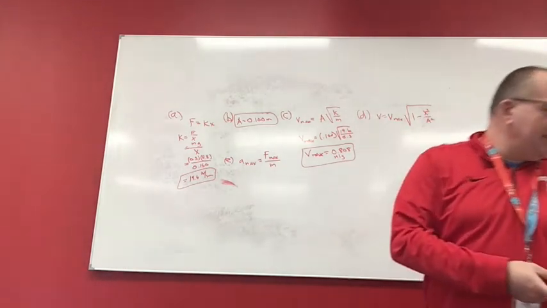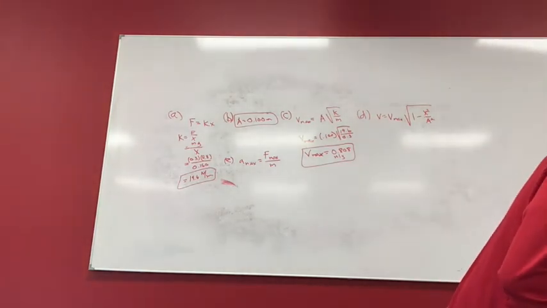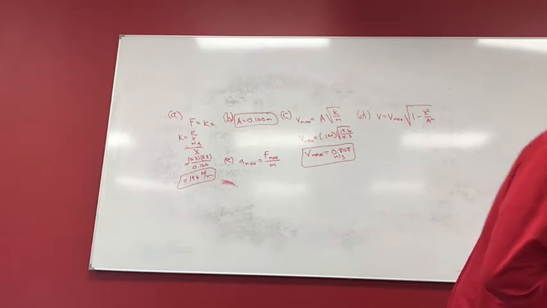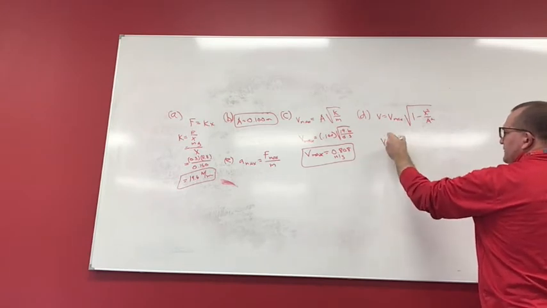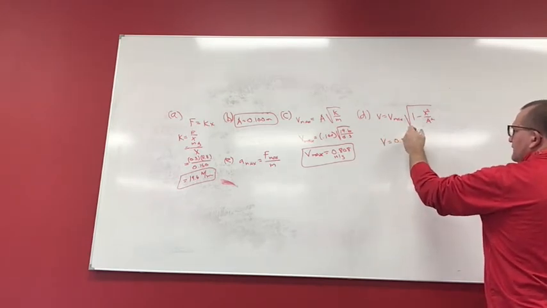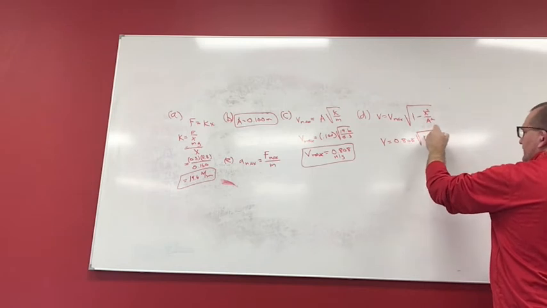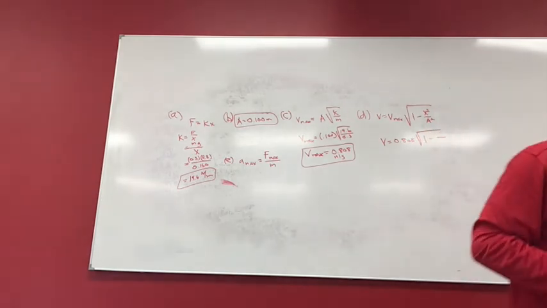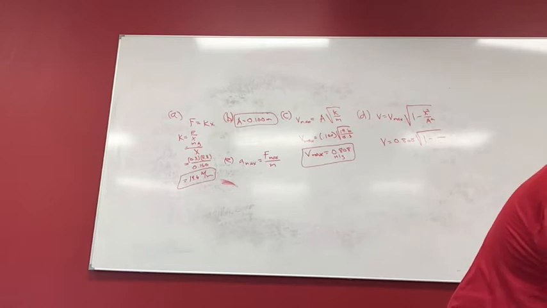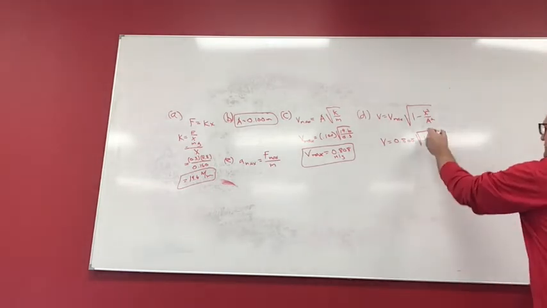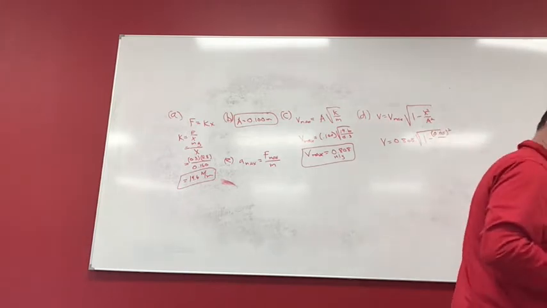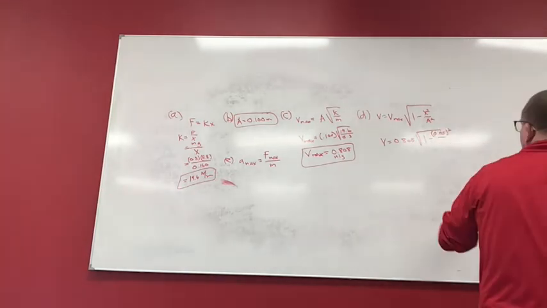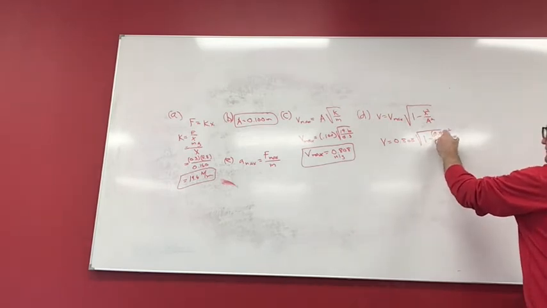And then D says, what's the velocity when the mass is 0.05 meters from equilibrium? Okay, so it's going to be a little less, all right? But we have to know V max to do that, which we know. V equals V max times the square root of 1 minus x squared over A squared. This x number is just how far we are from the equilibrium, which is 0.05 meters, and then a, we figured from above, is 0.100.